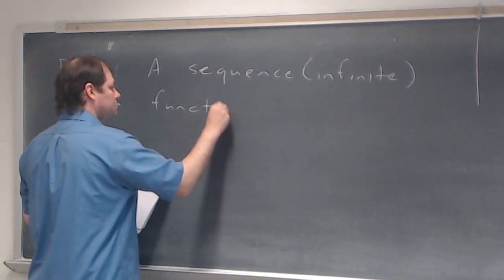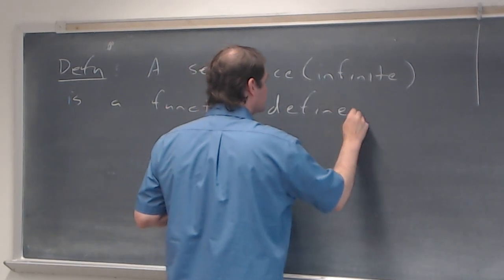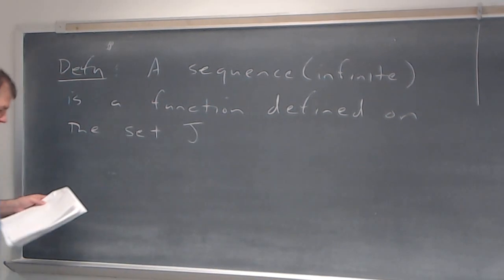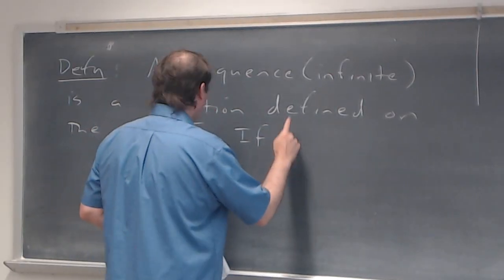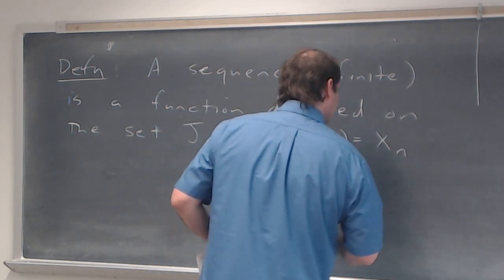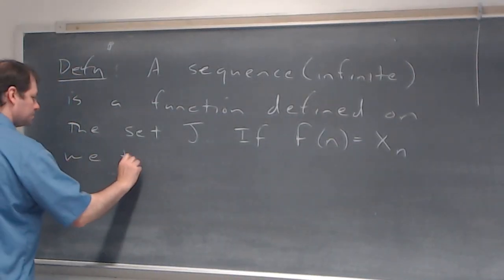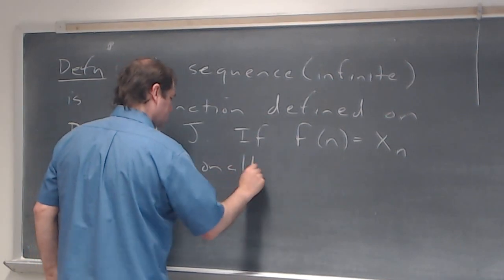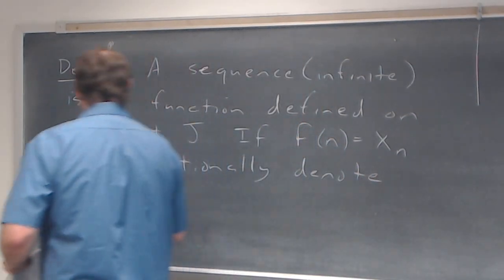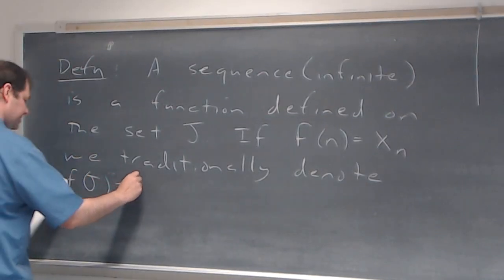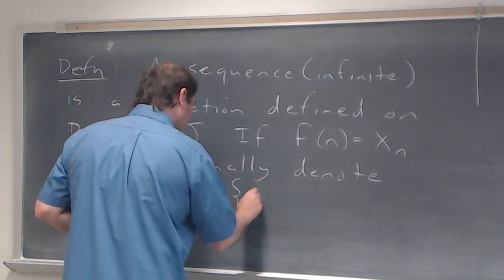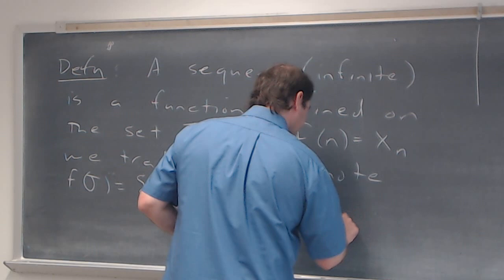A sequence is a function defined on the set of natural numbers J. If we call the sequence F the function, and we say it acts on the set of natural numbers, and we write down the output values as x of n, we traditionally denote the range f of J as equal to the set of all x of n's, n runs from 1 to infinity, which is equal to x of 1, x of 2, x of 3, forever.